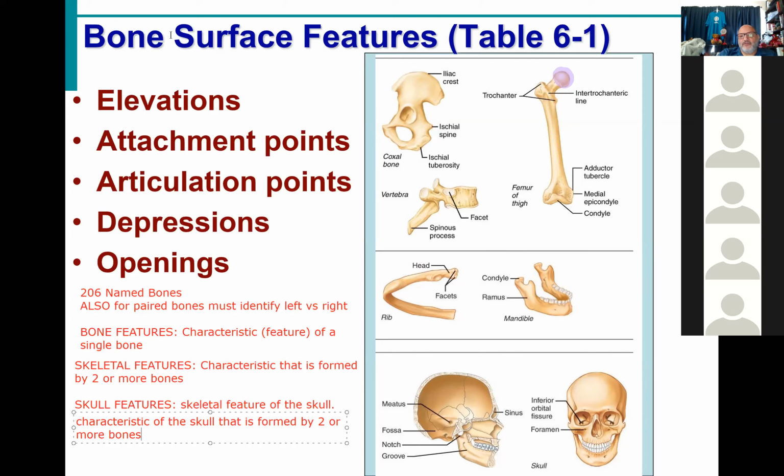So learn this vocabulary so that you can make more sense of these. So again, if you want to just brute force memorize all the terms, that's fine too. But understanding what these terms actually mean will help you when you're confused and trying to remember what it is. You can see, this is a large, rough attachment point. This, for a muscle, this must be a tuberosity.